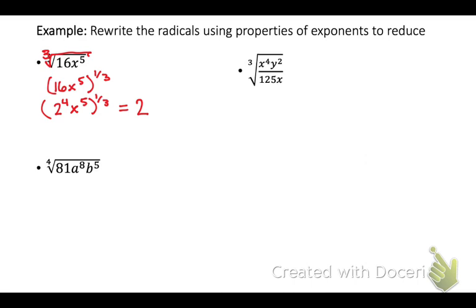What's 4 times a third? 4 over 3. Because we have to distribute this in, don't we? Yes. x to the 5/3.